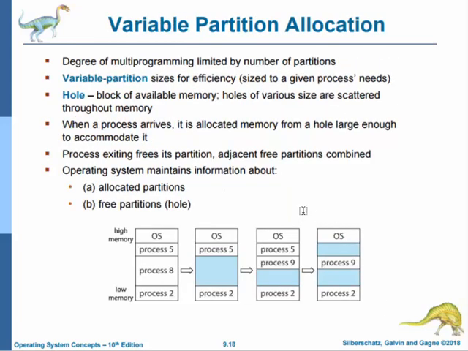Now let's proceed with memory allocation. One of the simplest methods of allocating memory is to assign processes to variably sized partitions in memory, where each partition may contain exactly one process.